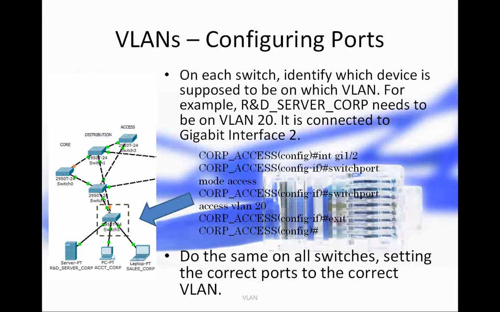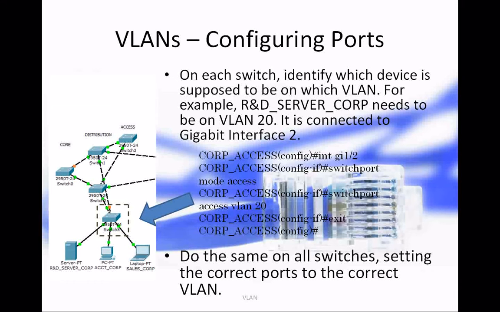For mine, I'm setting up that the R&D server is connected to gigabit interface port 2. So I enter interface gigabit 1/2 and press enter.